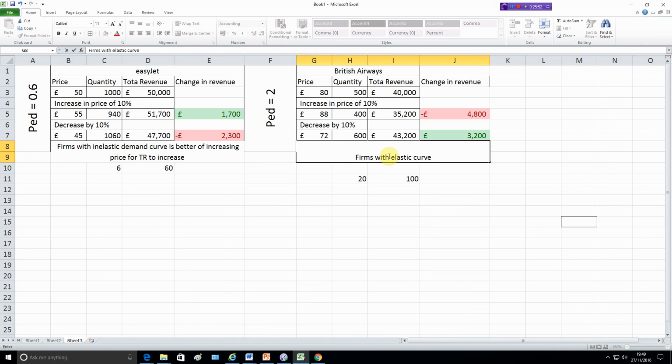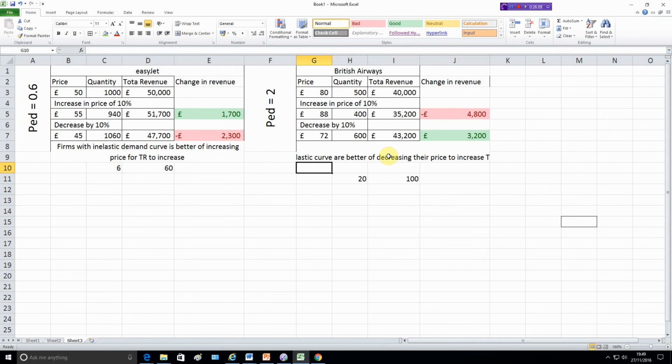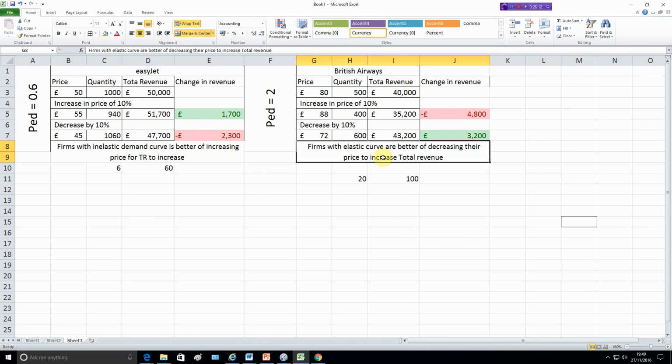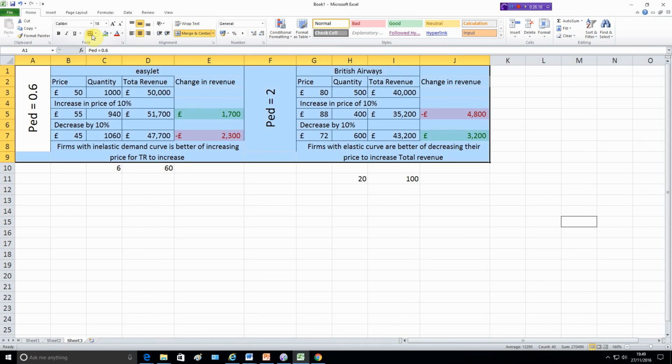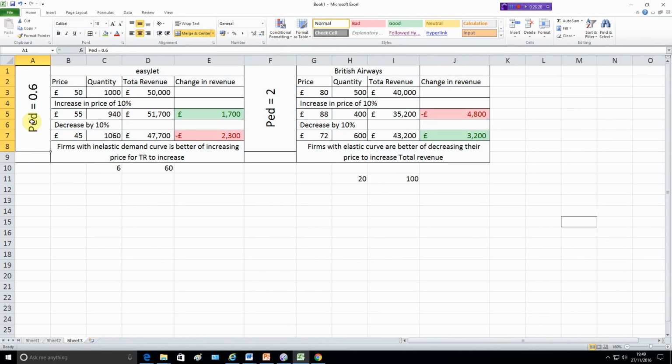They should decrease the price. So firms with an elastic curve are better off decreasing their price to increase total revenue. Let me copy paste this to our PowerPoint.